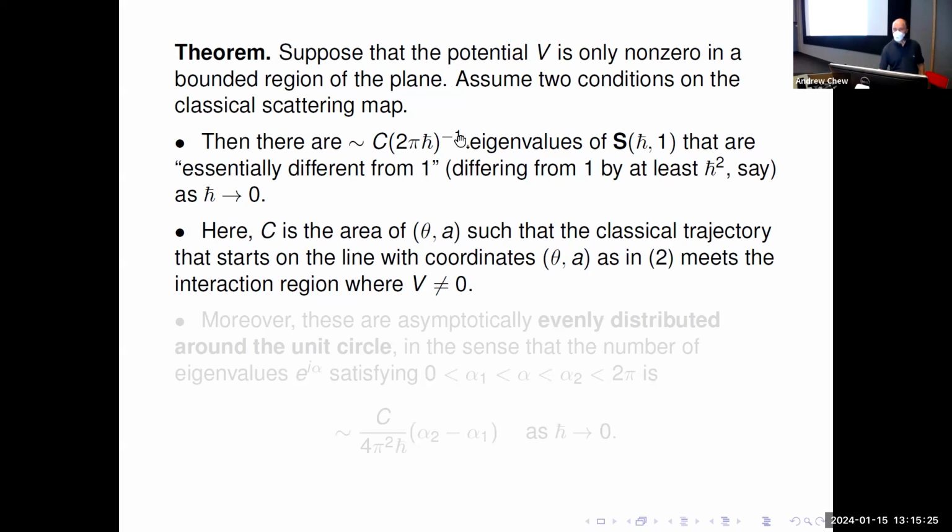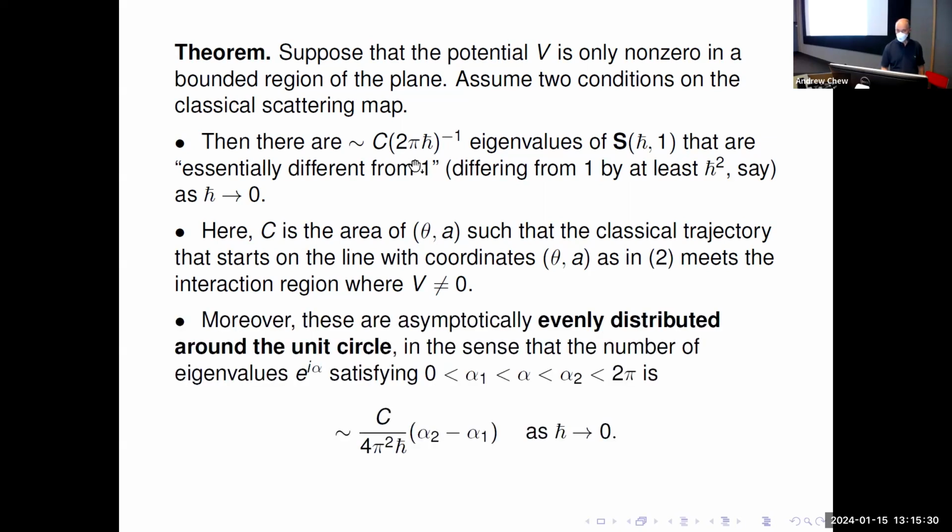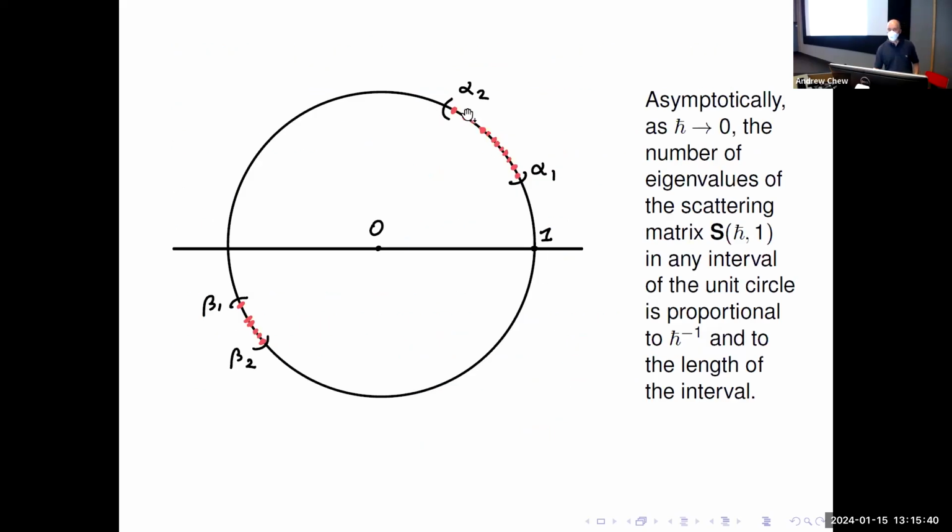And of this finite number of eigenvalues that are essentially different from 1, these are asymptotically evenly distributed around the unit circle. What that means is that if you look at any interval of the unit circle, you ask how many eigenvalues there are. Remember, we're doing this in the limit h bar goes to 0.